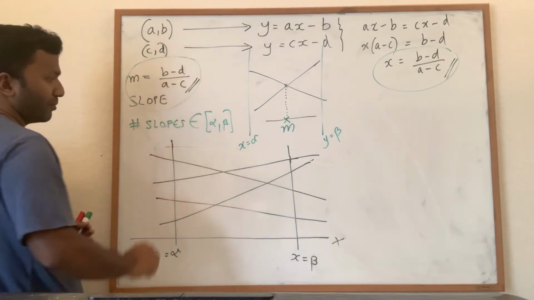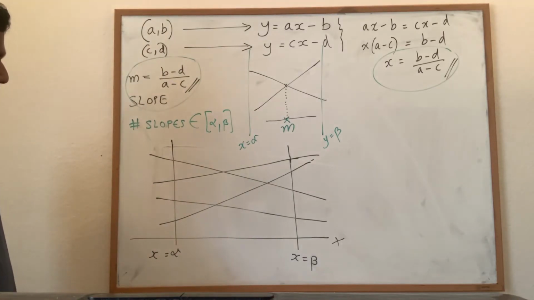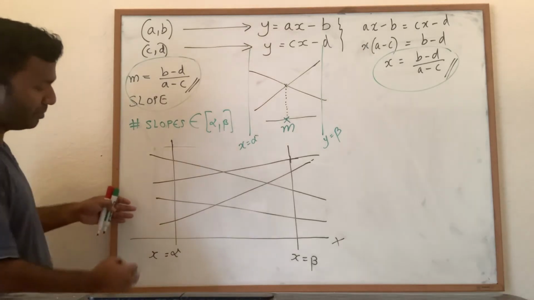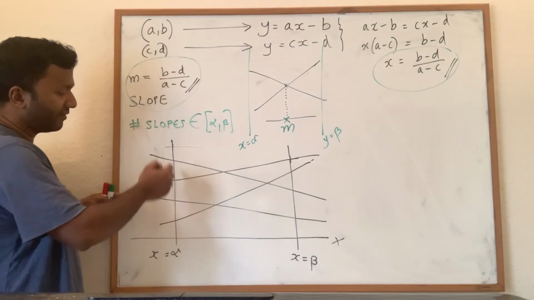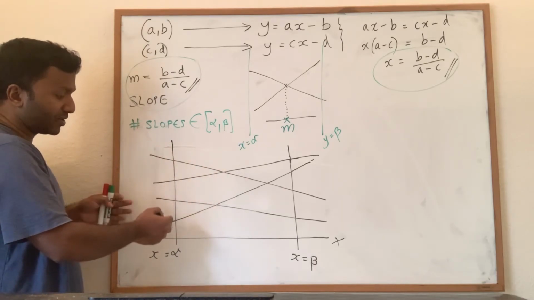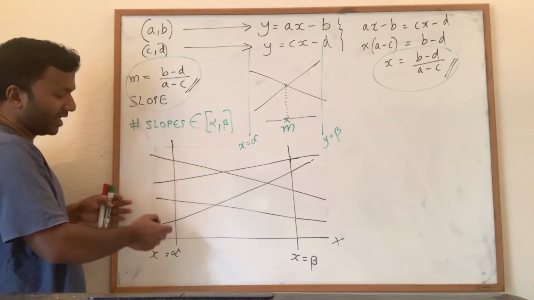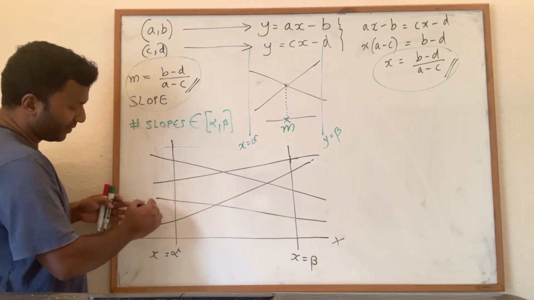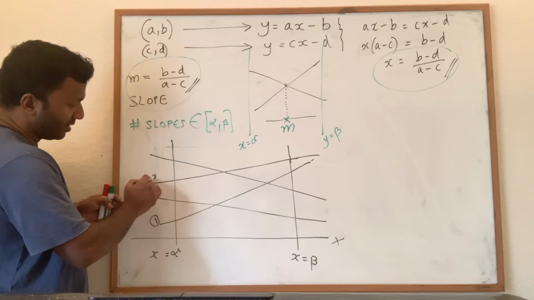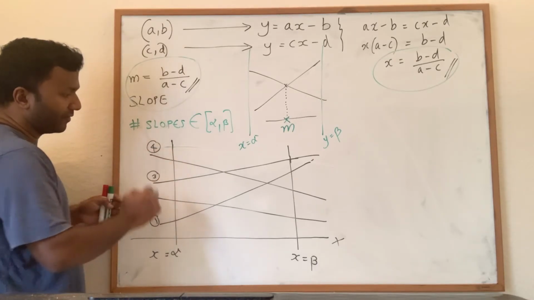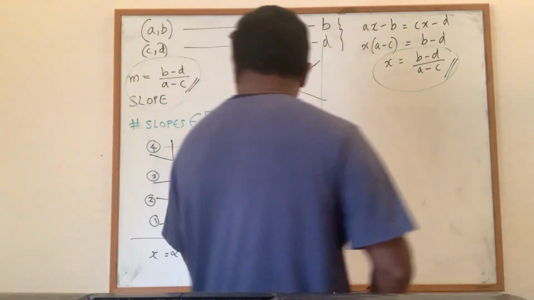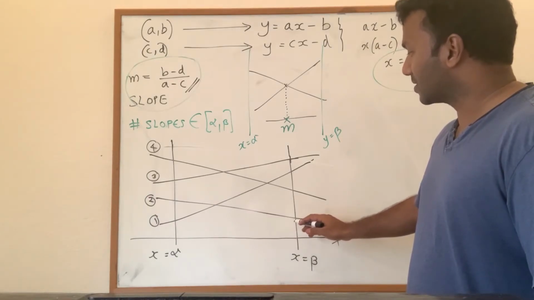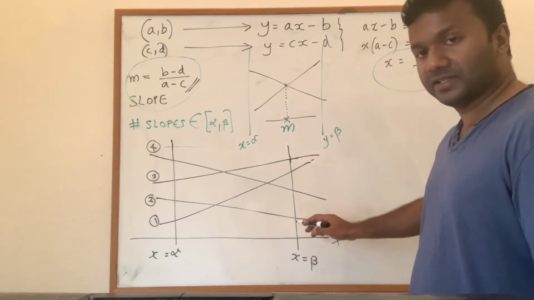I've made a small example where I have 4 lines, and I'm going to number these lines based on the ascending order in which they intersect the first line. I'll call this line the first one, this the second, this the third, and this the fourth. And I want to see which one is intersecting this line first.